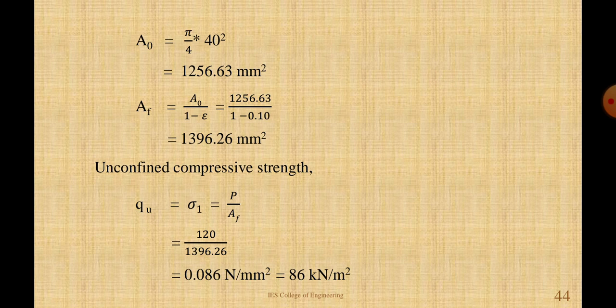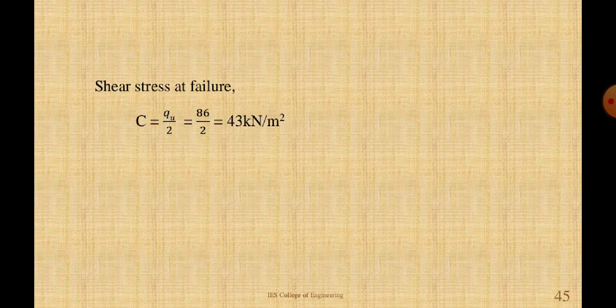Therefore, unconfined compressive strength QU is equal to sigma 1, that is equal to P by AF, that is equal to 120 divided by 1396.26, that is equal to 0.086 Newton per mm square, that is equal to 86 kilonewton per meter square.